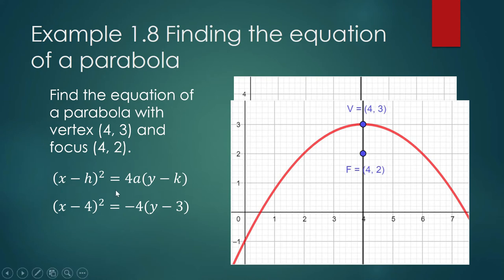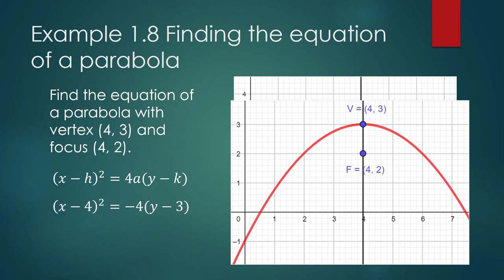So our next task is to just write the vertex and find the value of a. It's easy to get the vertex, (h, k). So you just write it there. Now, how about the value of a? Look at that. This is your vertex. a is the directed distance of your focus from the vertex.